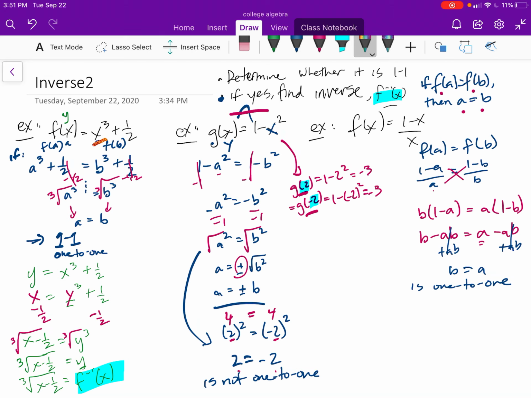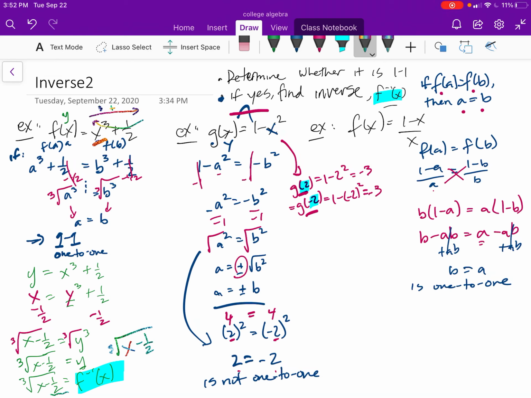If I read this left to right, I'm cubing it and then I'm adding. So instead of adding 1/2, I'm going to start with x and subtract 1/2, right? I'm going backwards. And instead of cubing it, I'm taking the cube root, right? That's opposite. That's the inverse. And that's why this answer makes sense. Some of them get too hard to do in our head, but some of them you can. If you literally do everything you did in reverse, do the opposite, that's the inverse.